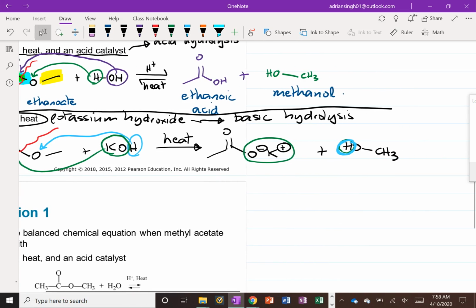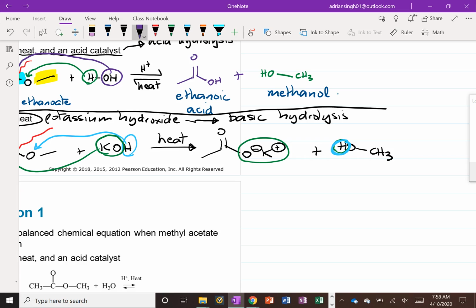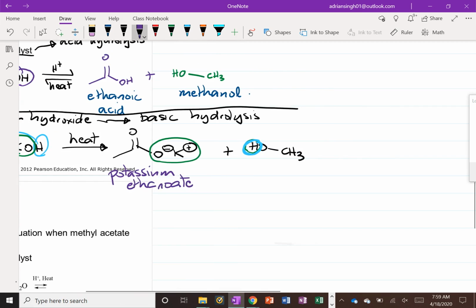And if we were to name those products, I know you didn't have to in this question, but we should name them. The salt of this carboxylic acid would be potassium ethanoate, and then the alcohol will be the same one as we saw previously, methanol.